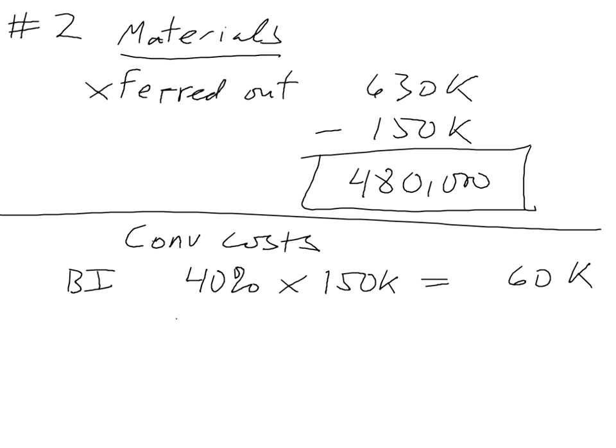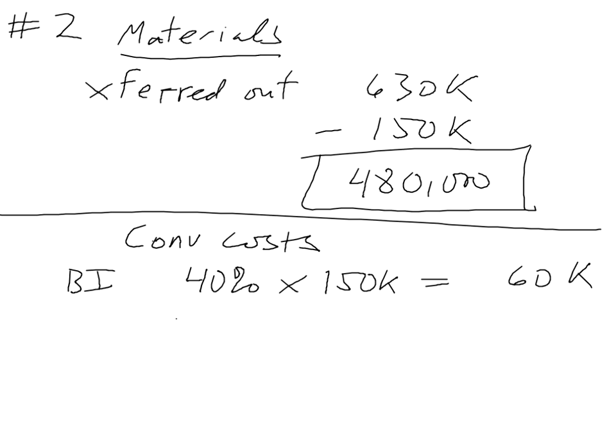Remember, when it says started and completed, that means that the entire unit was started and completed in this one period. So it was not partially done last period. It wasn't part of beginning inventory. It was completely made within this one period.